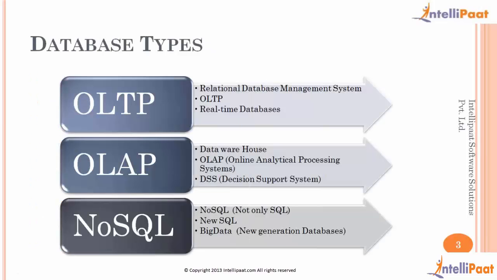All right. So I will start with database categories. If you could see here, we have three major categories. One is OLTP, the second one is OLAP, and the third one is NoSQL. So OLTP, we say this is a real-time database. The abbreviation of OLTP is Online Transactional Processing system.